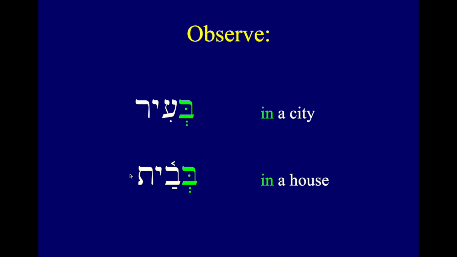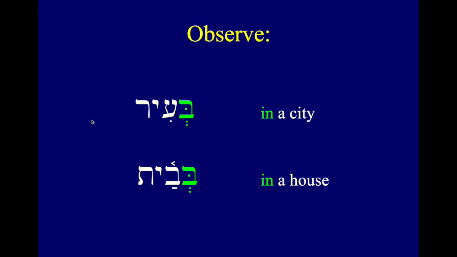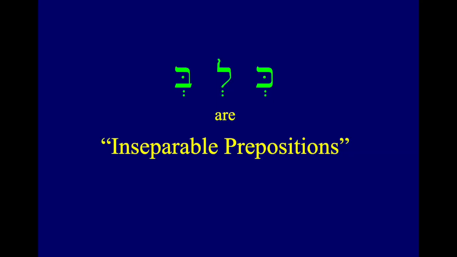Ba means in a house. Or the word lamed, right? We saw this earlier in translation. La'ir, to a city. Or labayit, to a house. So notice I can just stick those onto the words, just like building blocks. Ba'ir, bavayit, la'ir, labayit, and it's going to function in exactly the same way.